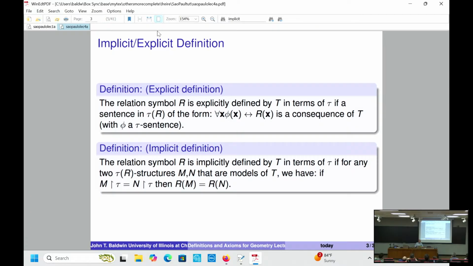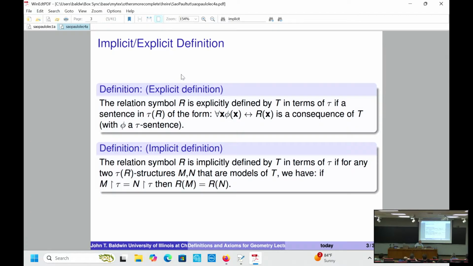But here we get into this distinction between explicit and implicit definition. Explicit definition is exactly what it says. You have this relation and there's a formula and it's a theorem that those two are equivalent.